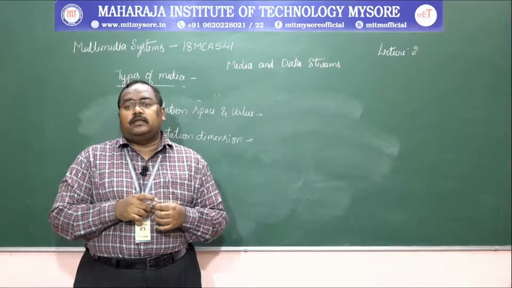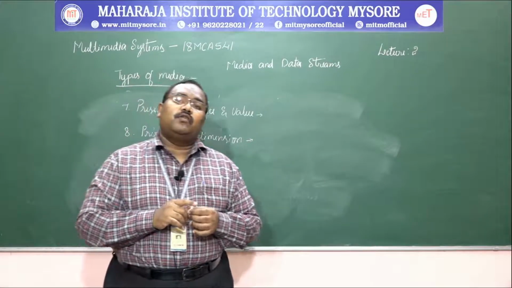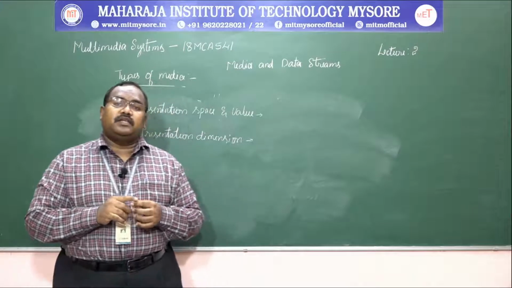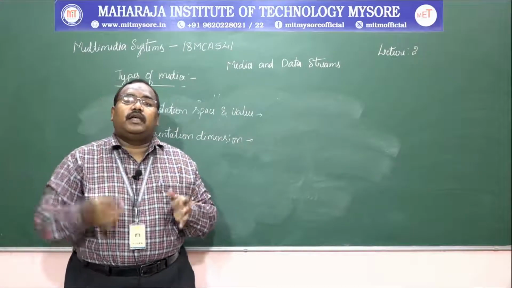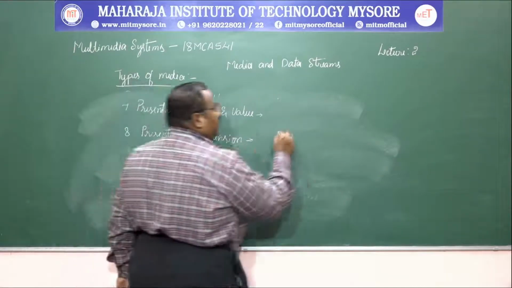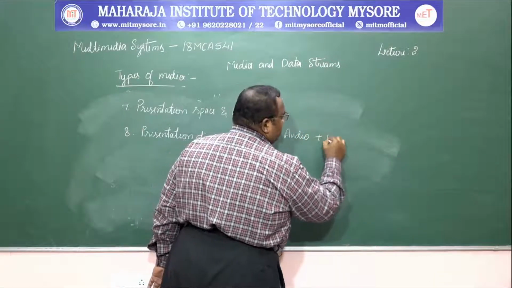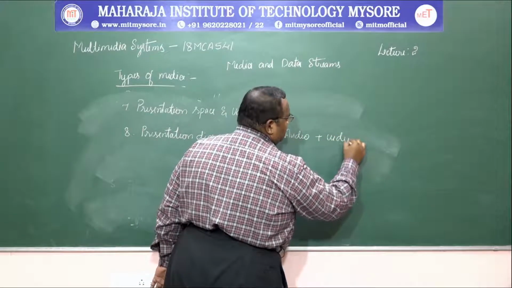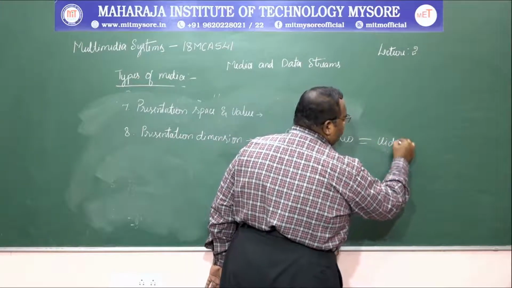Next is continuous media. When you talk about continuous media, it is sound, video, motion pictures, because it varies over the time scale. The content keeps on varying. And there is one more thing we need to discuss. Most of the time we call audio plus video a video.